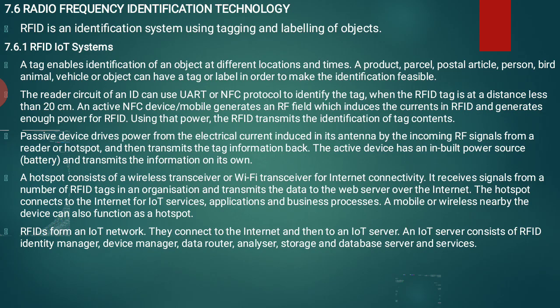An active NFC device or mobile generates an RF field which induces current in the RFID and generates enough power for the RFID. So if you are using active near field communication devices or mobiles, they generate a radio frequency field which induces current in the RFIDs.